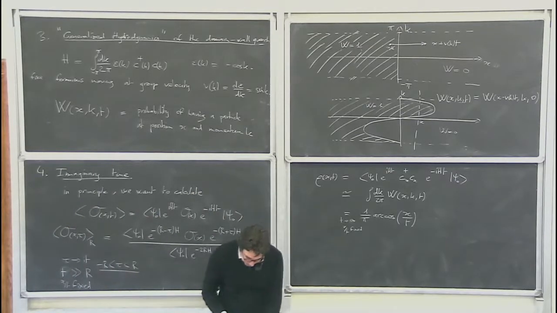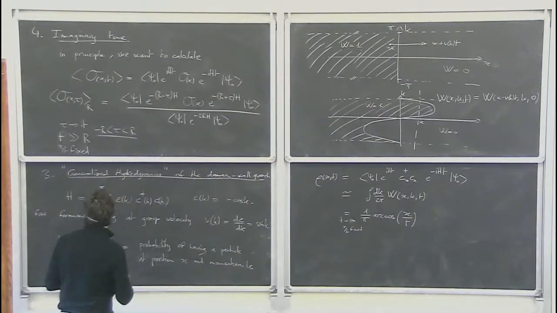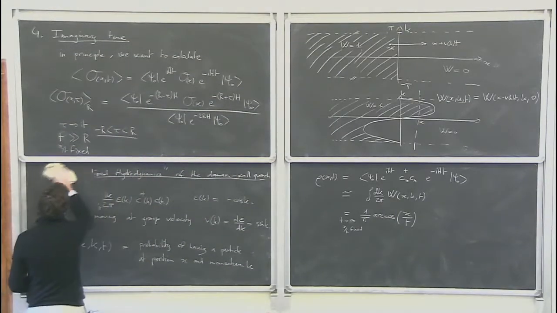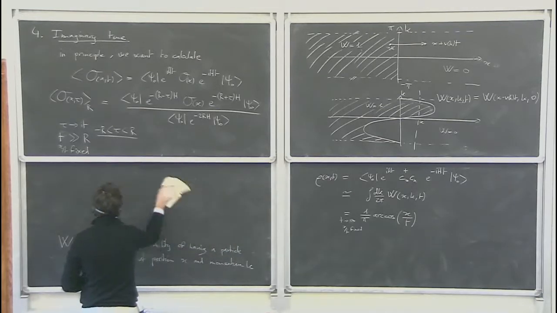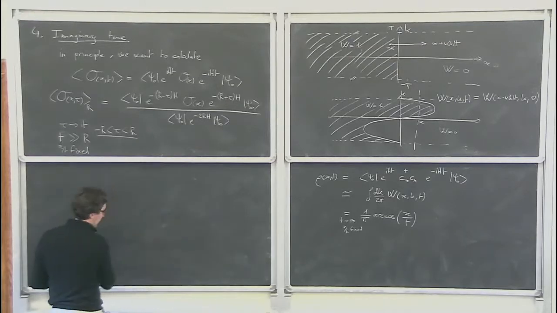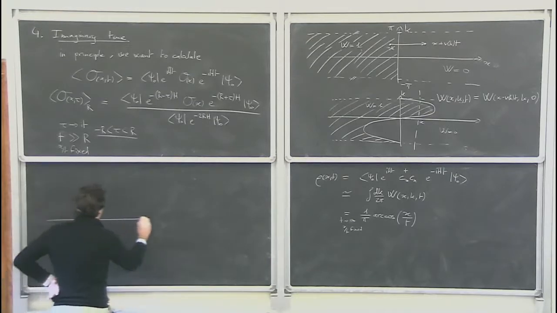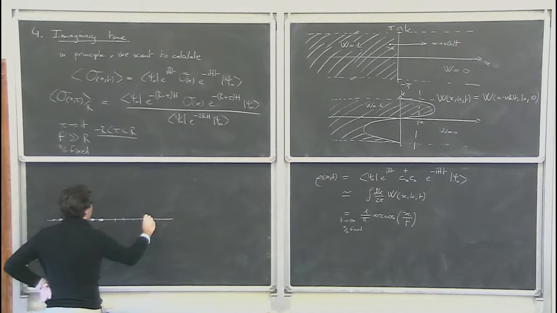Okay, and so what's the picture for this? The picture is the following. We have our initial state, which is filled with particles here on the left, empty on the right.